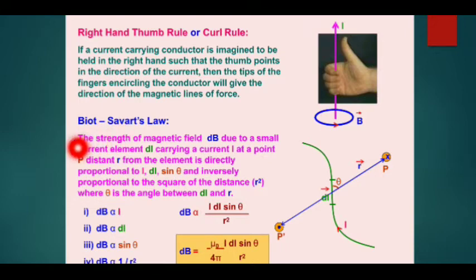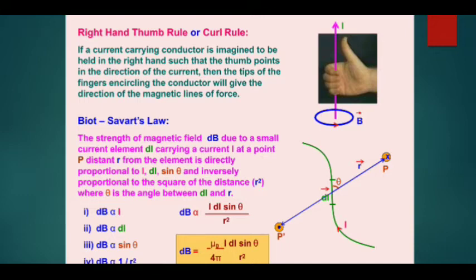The strength of magnetic field, that is dB, due to the small current element dl. This is a small current element carrying a current I, at a point P, distance r from the element, is directly proportional to I. That's why I'm telling one by one.